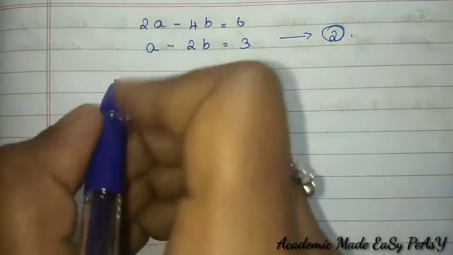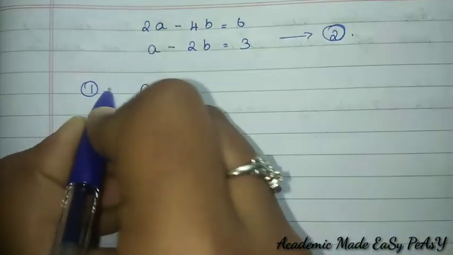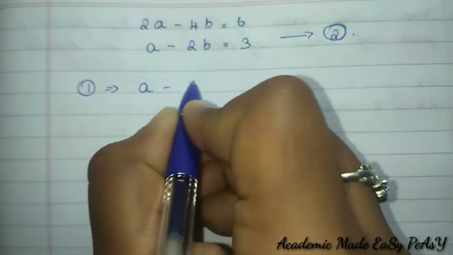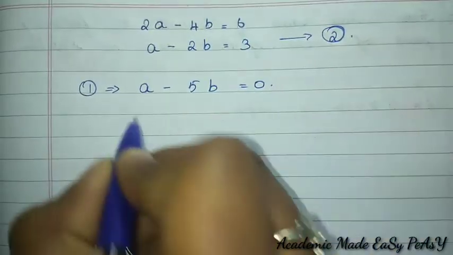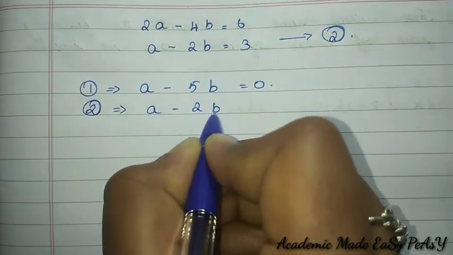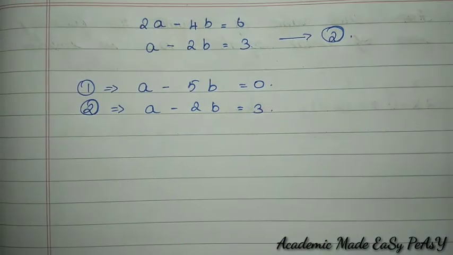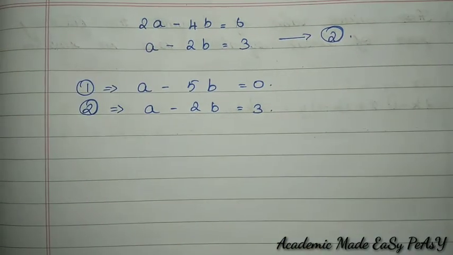Now what was my equation 1? Equation 1 implies a minus 5b is equal to 0. My equation 2 implies a minus 2b is equal to 3. Now you can use any method because none of the methods are mentioned.